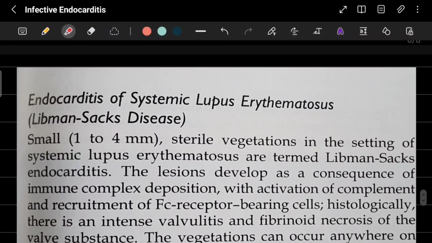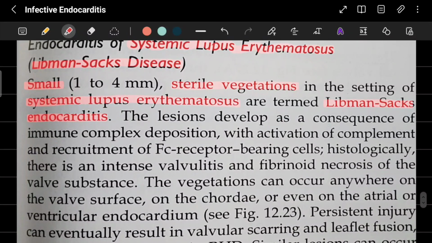There is another thing, which is the endocarditis related to systemic lupus erythematosus, also known as Libman-Sacks disease. These are small sterile vegetations in the setting of systemic lupus erythematosus, termed Libman-Sacks endocarditis.